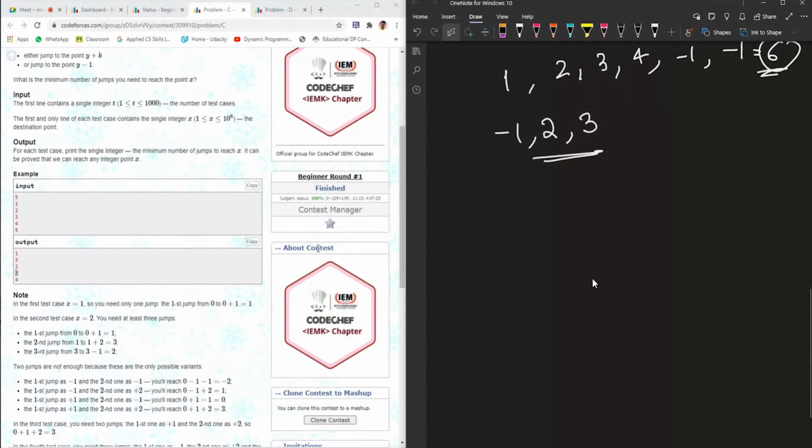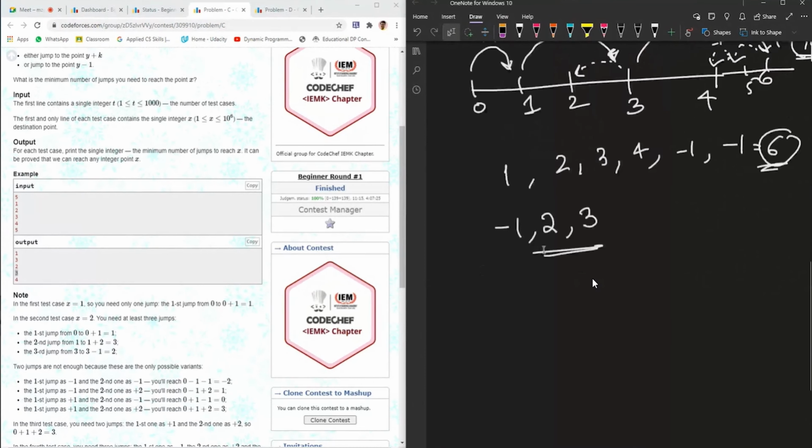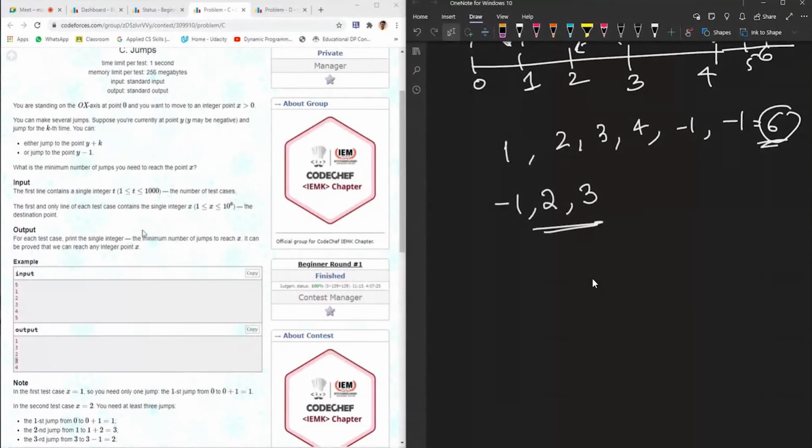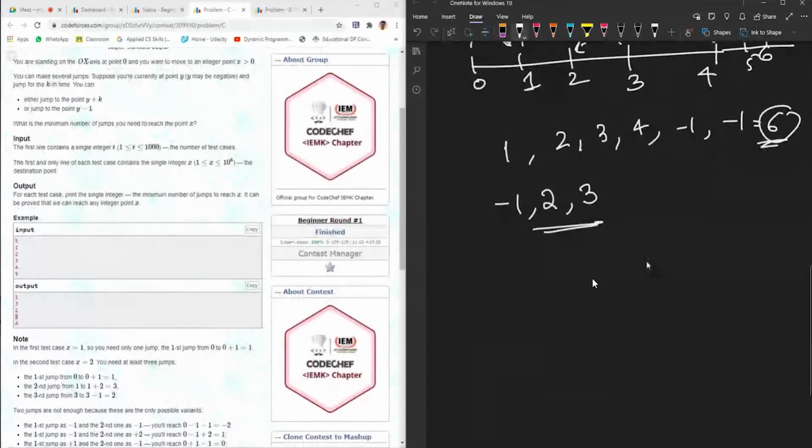So you can choose a different approach for this particular problem. The approach that I used was that we have to achieve this particular target variable. X is our target variable. And how are we going to achieve this target variable?